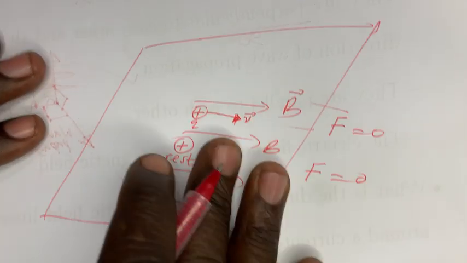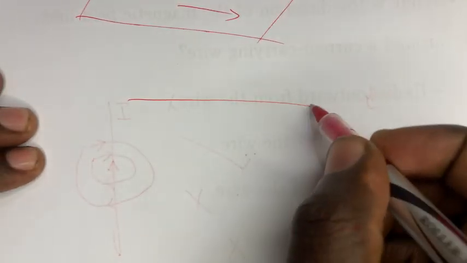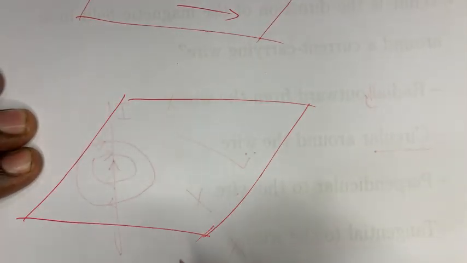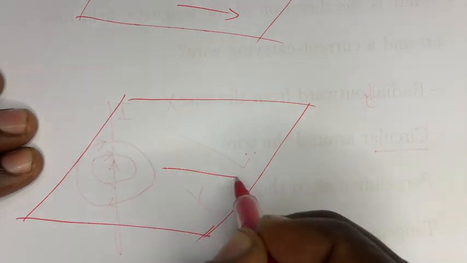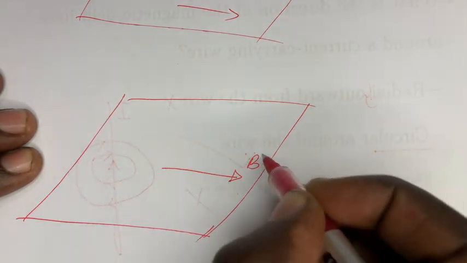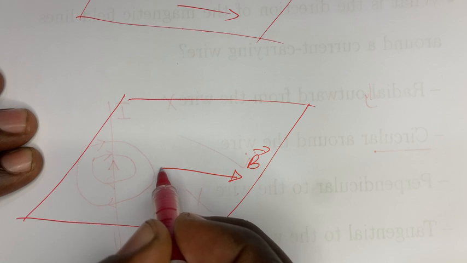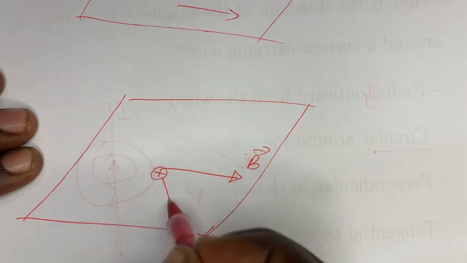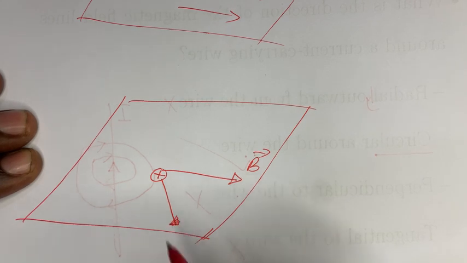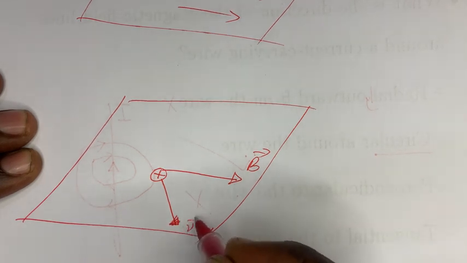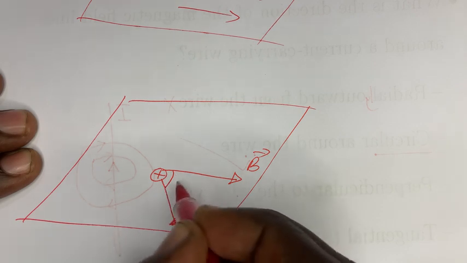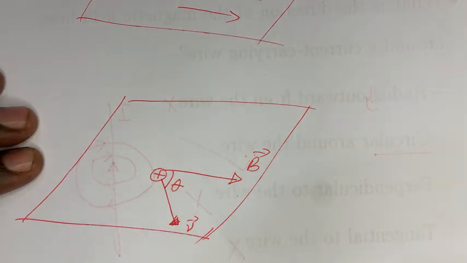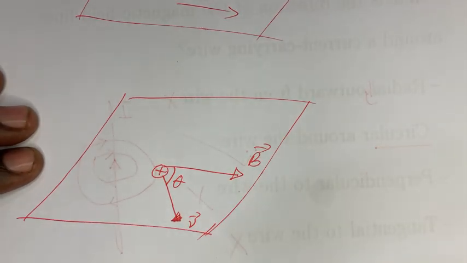But now look at this one. Let's say I have a magnetic field here, and I bring the charge here, the charge is moving in this direction, so that the velocity is here. It makes angle theta with the magnetic field.